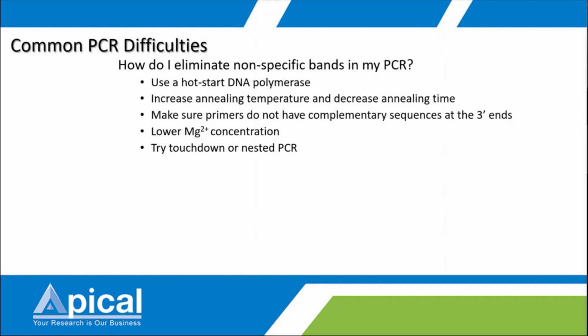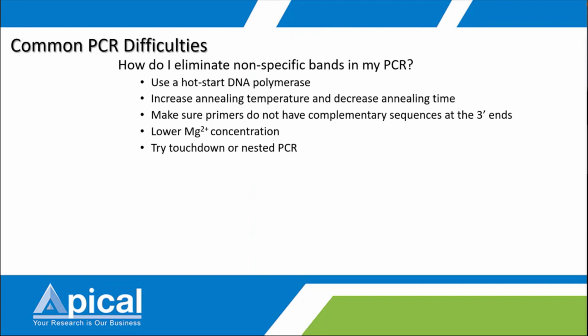It is also very important to ensure your primer does not have self-complementary sequence, especially at the 3' end. Also, if the primer has self-dimerization, it may reduce the yield. So do make sure your primer is well designed.